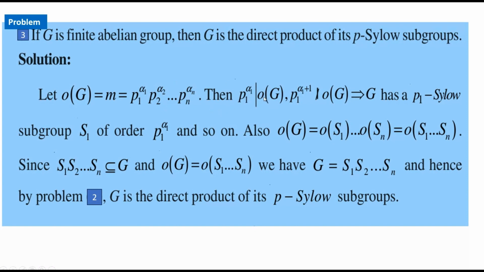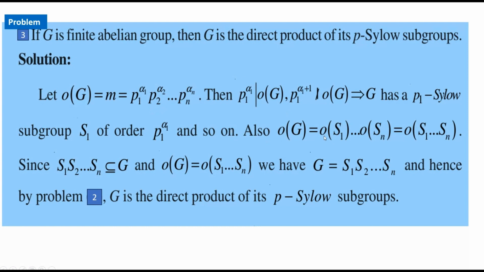Obviously, P1 power alpha 1 divides order of G, and if you raise the power by 1, then it will not divide order of G. So by the definition of p-Sylow subgroup, G has a P1 Sylow subgroup S1 of order P1 power alpha 1, and in the same way with P2 and so on.